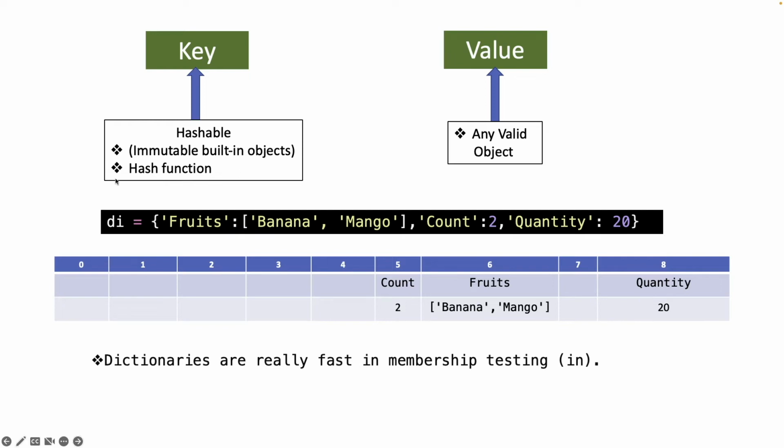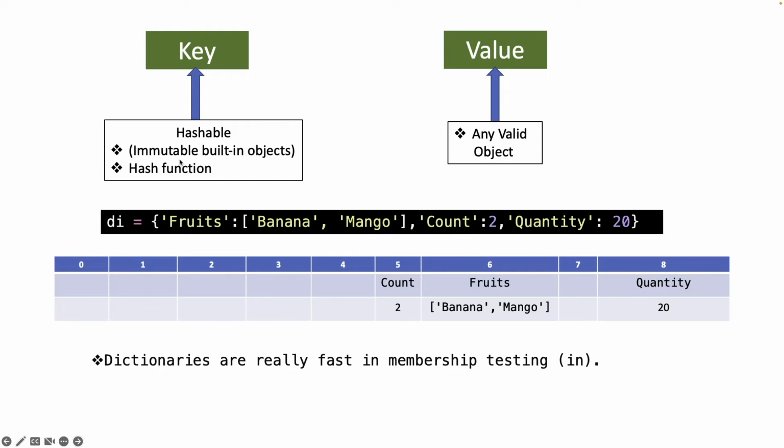But for now, let's understand this way: all the immutable built-in objects will be hashable, and we have seen a lot about mutable and immutable objects in our last video. If you have not seen that video, then please check it, because it will really help you understand mutable and immutable objects in Python, and how immutability impacts our code results.